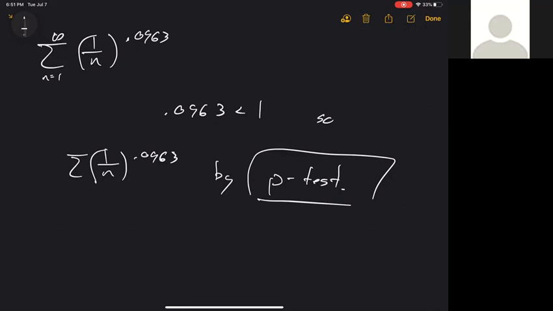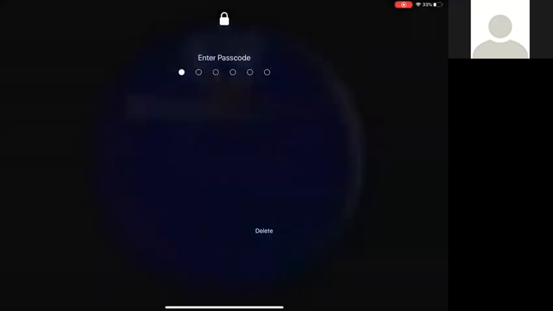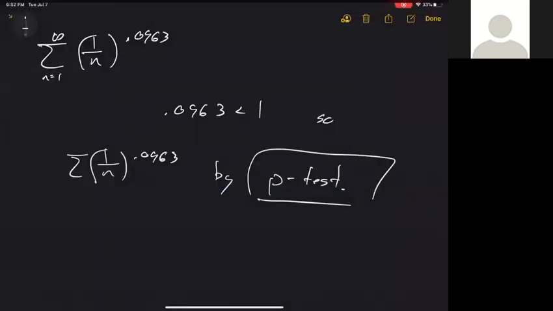First of all, p-test only works in this form. It has to look like this, right? It has to be 1 over n to the power p, okay? It can't be anything else to the power of p. It's got to be just that 1 over n, okay?